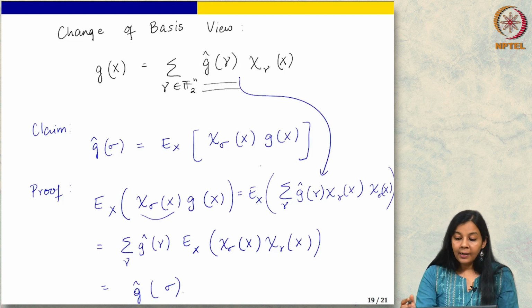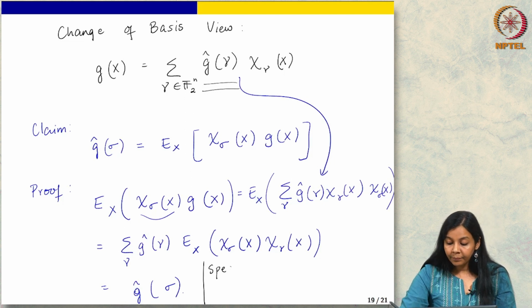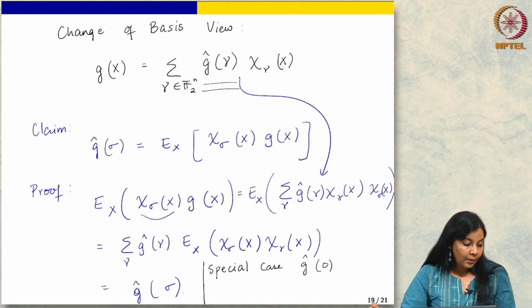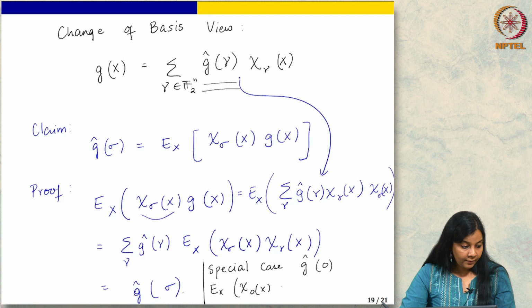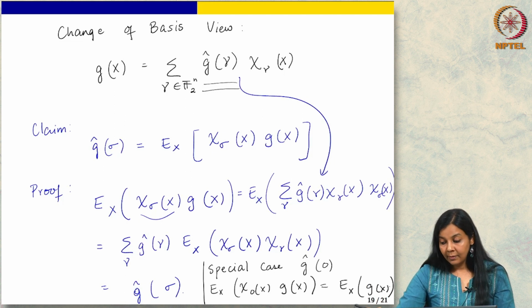And the special case of this is g hat of 0, which is Ex chi 0x gx, which is nothing but Ex gx, right.